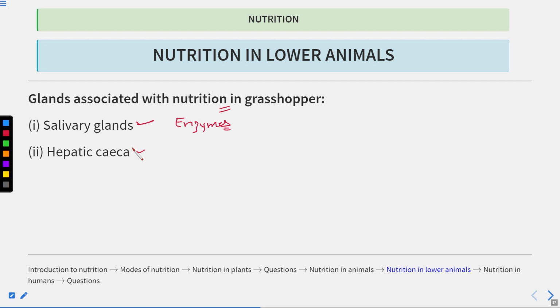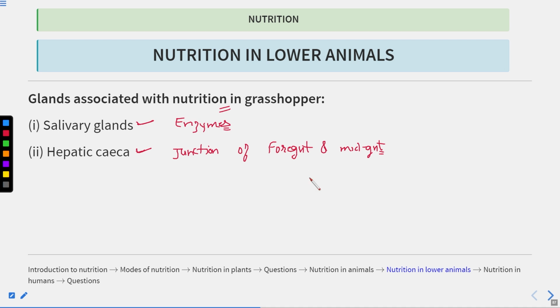And hepatic ceca is present at the junction of the foregut and the midgut. Hepatic ceca is also involved in the digestion.